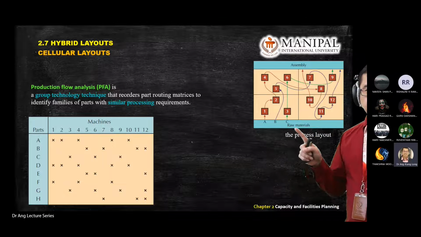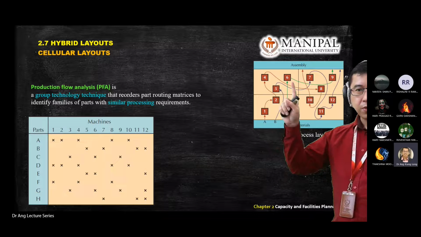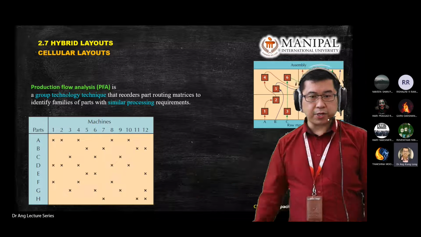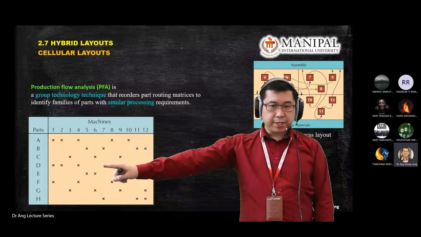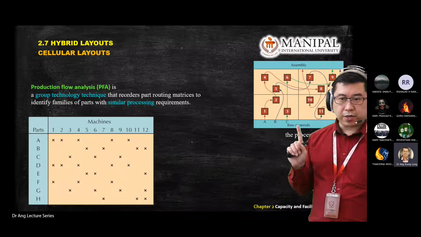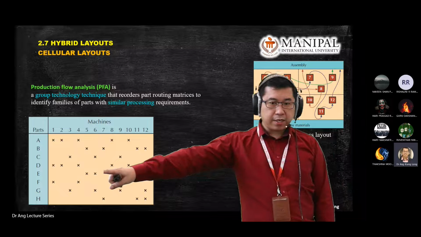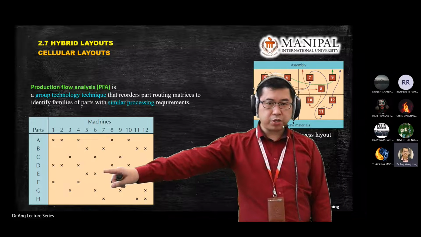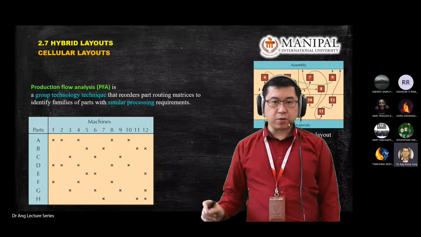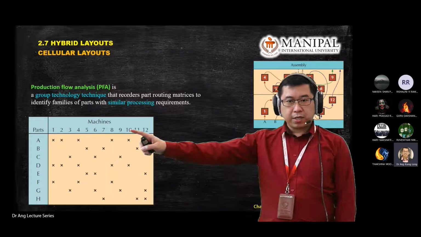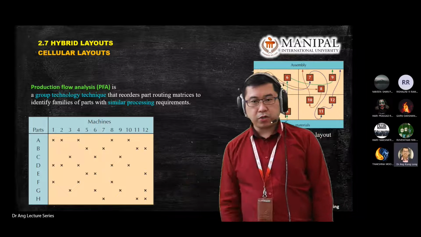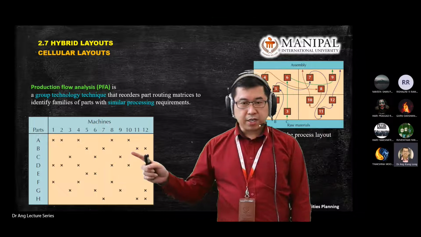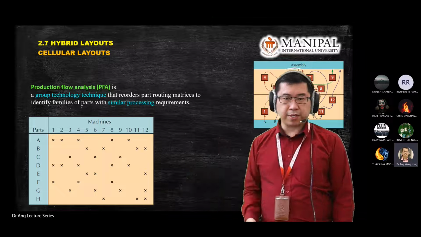Starting with A, B, C, but on the production floor, you can find more than part C. For example, part D, although you do not see it over here, you need to go to machine 1, machine 2, machine 4, and so on. This happens according to the process needed by individual parts, and each part will require a different process. This is just an example.